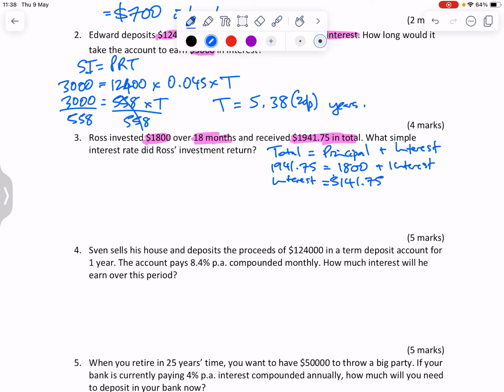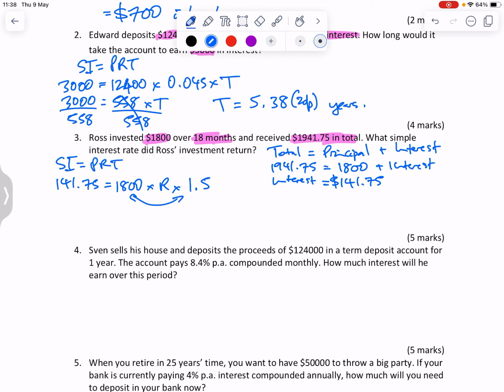And now I can use SI = PRT because the interest earned was $141.75. I invested $1,800 times the rate, which we didn't know, times the time, which is 18 months, which is 1.5 years. The order of multiplication doesn't matter, so I can work that out. 1,800 times 1.5.